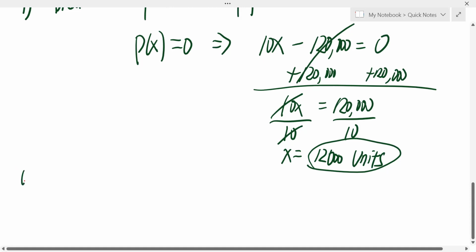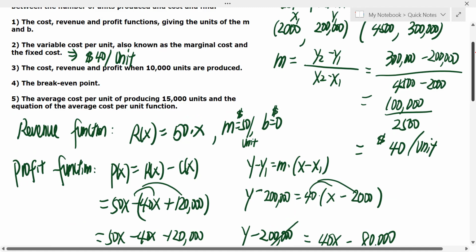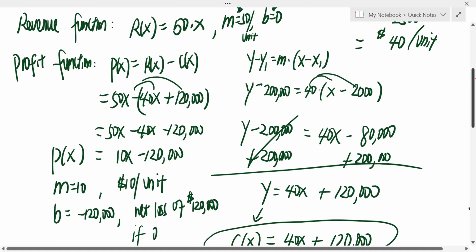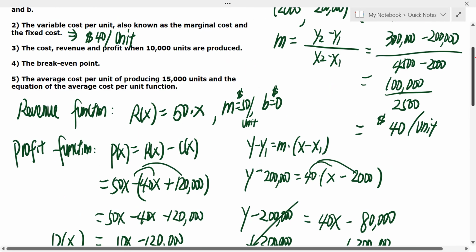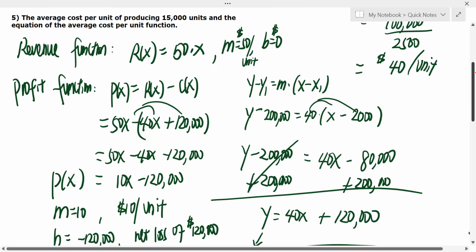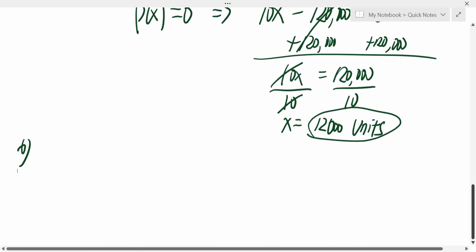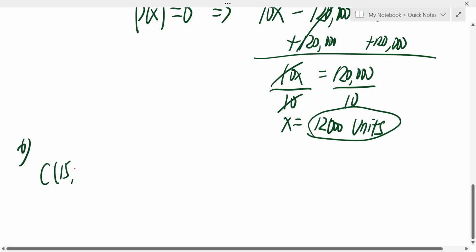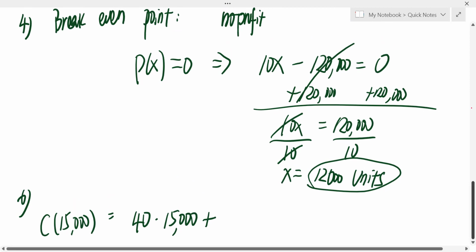And the last part, part 6, is you want to find out the average cost per unit for producing 15,000 units, and then the overall average cost per unit function. You need to know, for producing 15,000 units, what is the total cost? 40 times 15,000, plus 120,000, right?